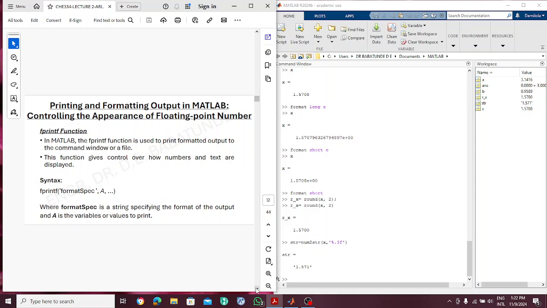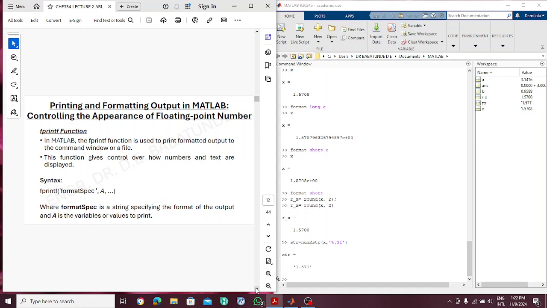So what's the format? You call the fprintf function, you open the parentheses, then you put in a string that contains the format specifier or format specifiers if you have more than one format that you are looking to pass into it.